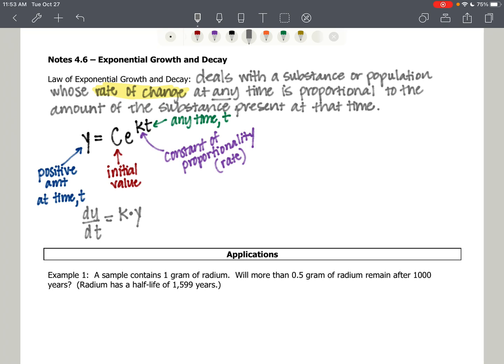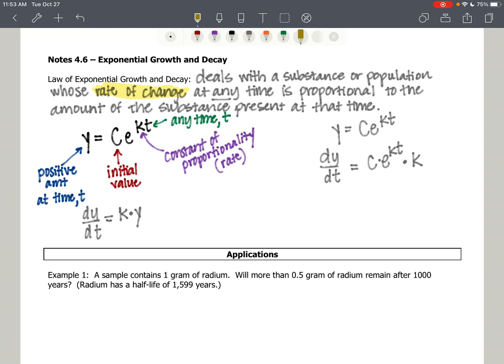Now that we know enough about derivatives, we can further investigate where this is coming from. y equals c times e raised to the kt power. So we take our derivative with respect to time: dy/dt is equal to our constant c times the exponential expression e raised to the kt power times the derivative of that exponent, which would be k.